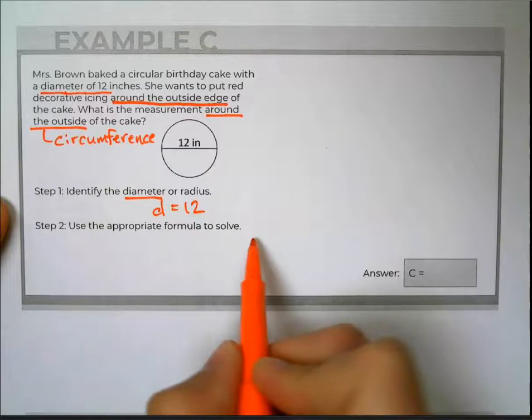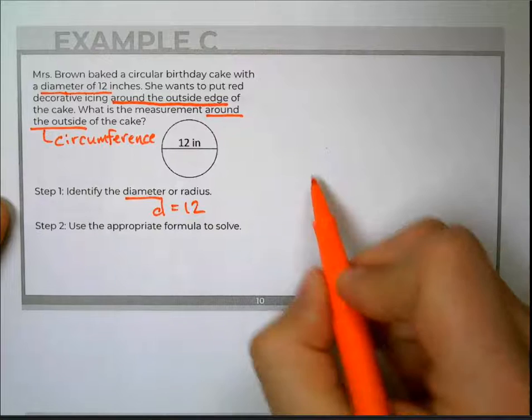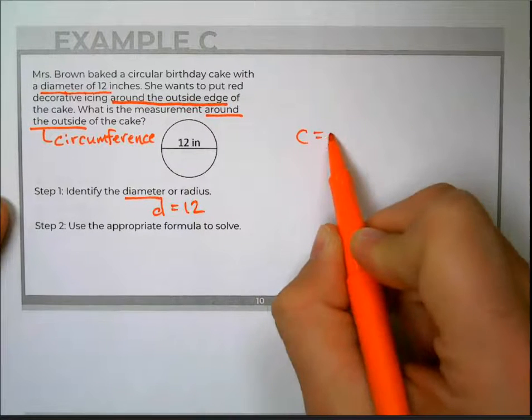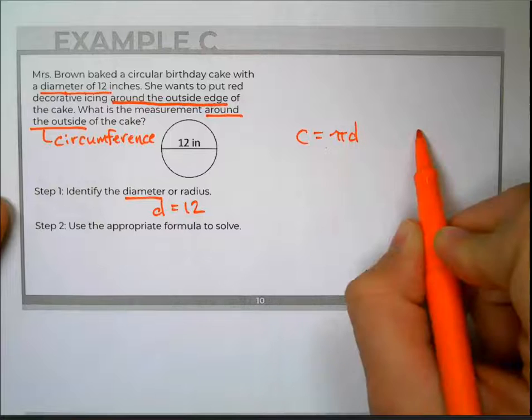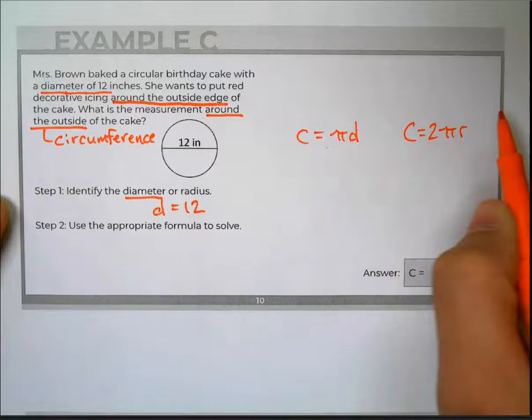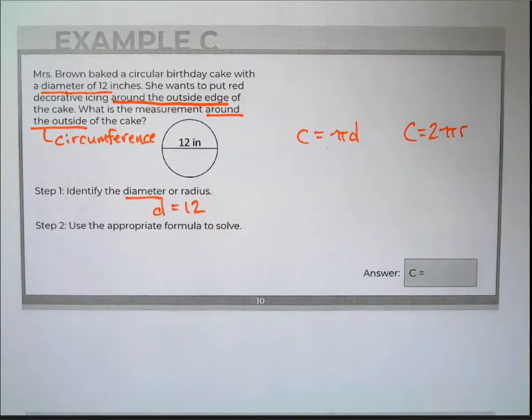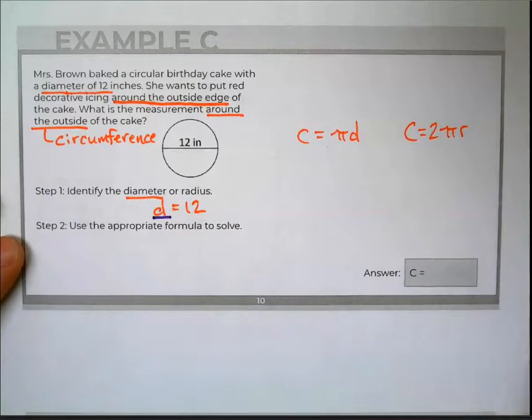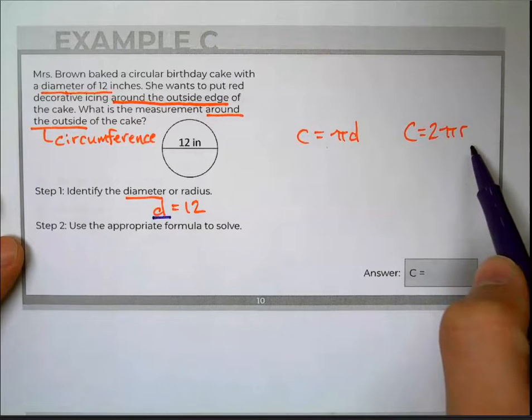Now we have to use the appropriate formula and solve. So we have two formulas. Circumference equals pi times diameter, or circumference equals 2 times pi times radius. Okay, which one are we going to use? Well, we have diameter. Are we going to use the formula that has radius?